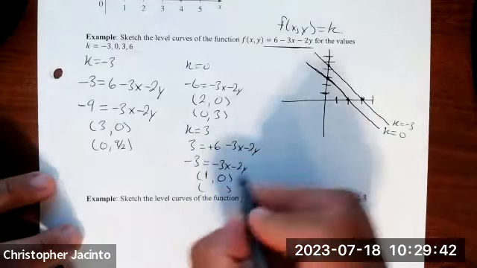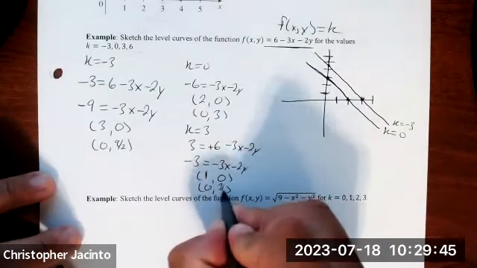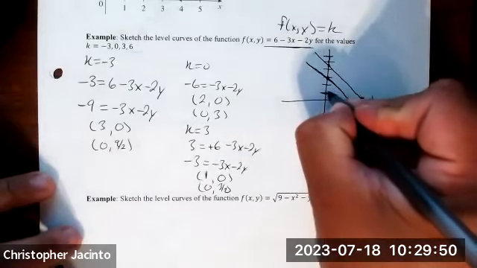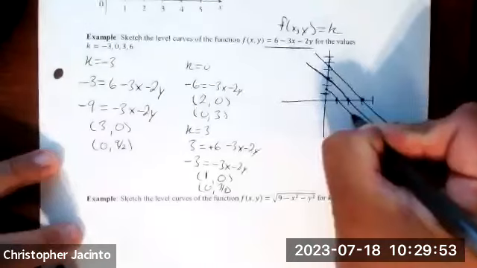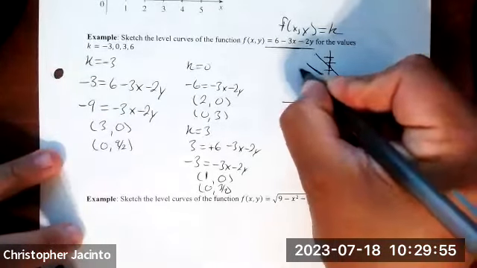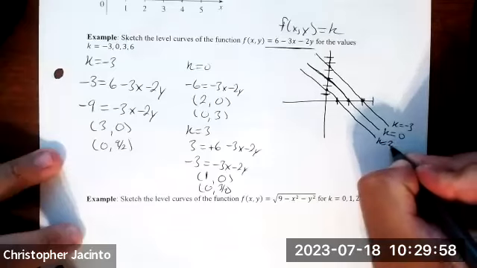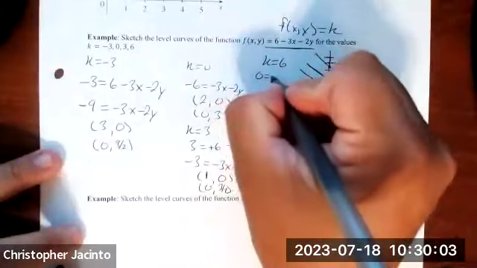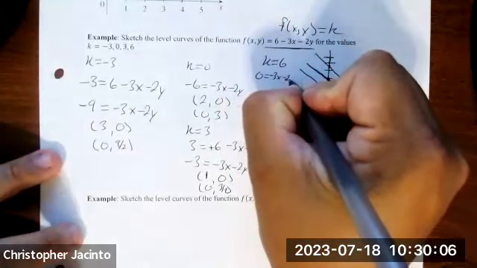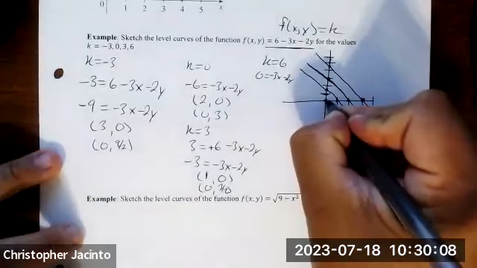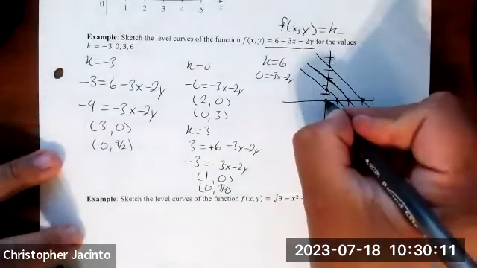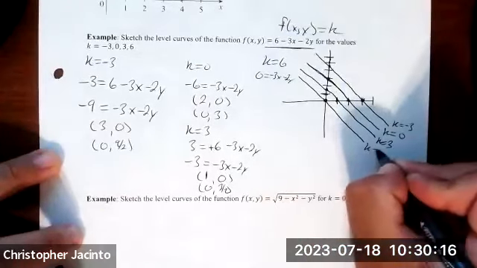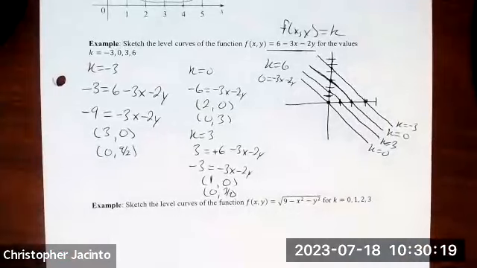Plug in 0, we get 1. Plug in 0, we get 3/2. That's k equals 3. And if k equals 6, we just get 0 is equal to -3x minus 2y, so it's just the origin. So those are the level curves of this function.